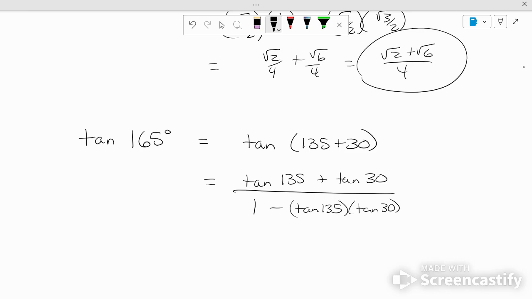Okay? Tangent of 135. Now, from your unit circle, you know the tangent of 135 is -1. The tangent of 30, well, 30 degrees, your sine is square root of 3 over 2. Nope, your sine is 1/2. Your cosine is square root of 3 over 2.